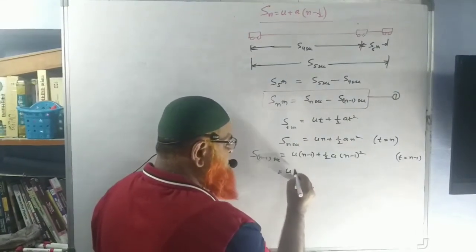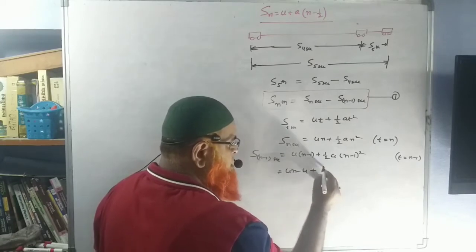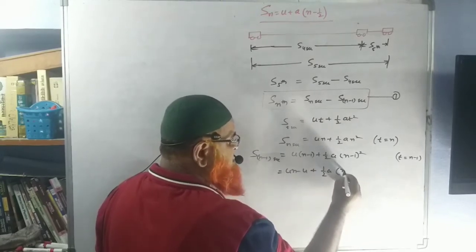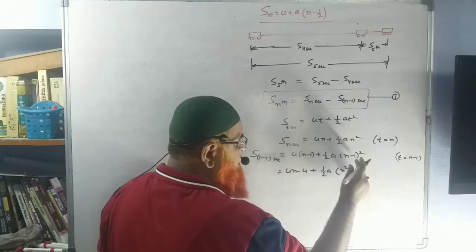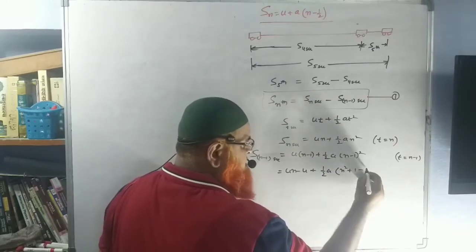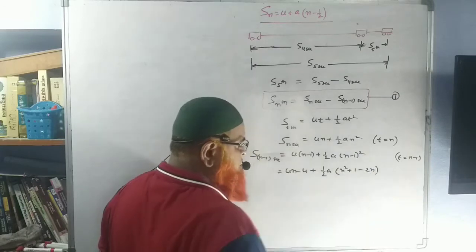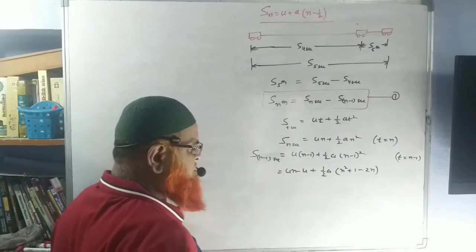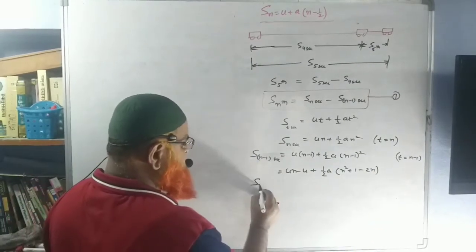Let us see here. So u into n minus u plus half a. This is a square plus b square, b square meaning 1 square minus 2ab. 2 into n into 1, that is going to be 2n. So we have just expanded the a minus b whole square formula. Then finally, what is the step you are going to write?